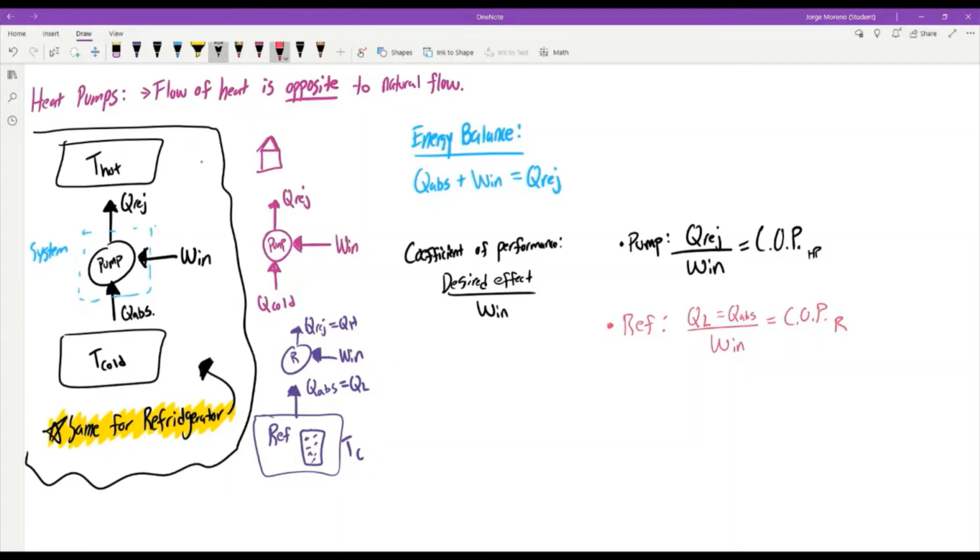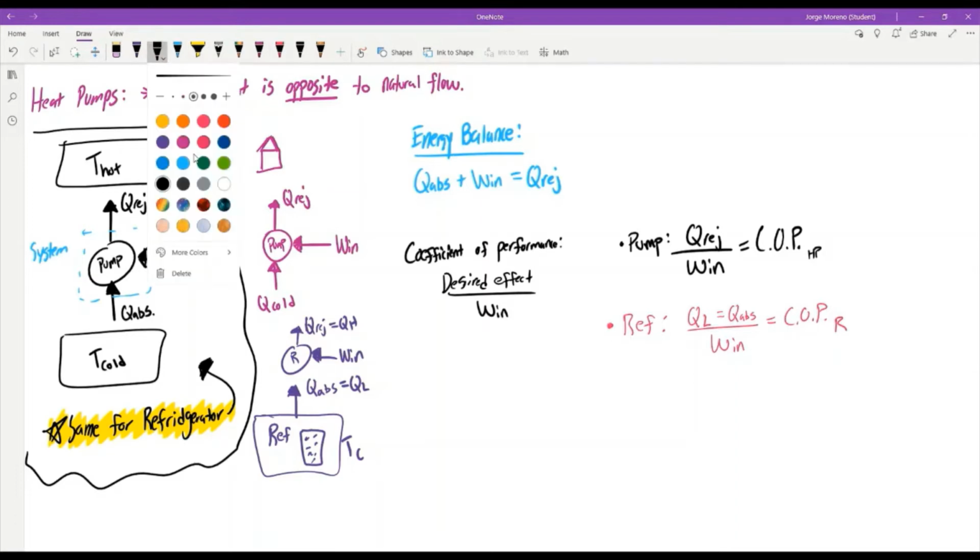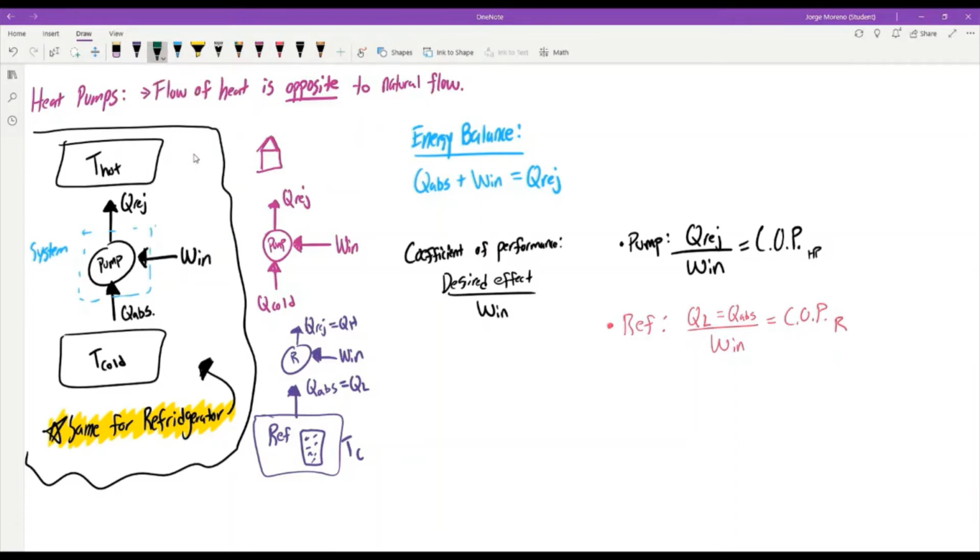Okay, and one more thing down here I'm going to add. So we also have this other following equation that you might have seen. Which is the coefficient of performance of the refrigerator plus 1 is equal to the coefficient of performance for the heat pump.